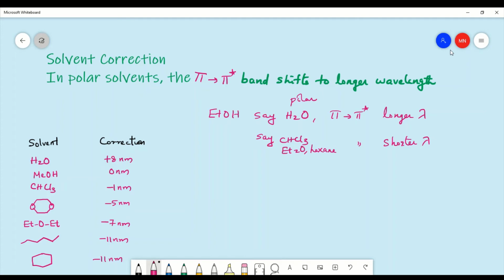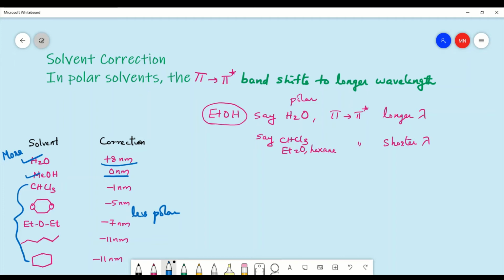So ethanol is kept as the standard here, and water is more polar than ethanol, so you have to add 8 nanometer. Methanol is as good as ethanol, so there is no correction, it is 0 nanometer. Now these others are less polar compared to ethanol, so here you have to subtract.